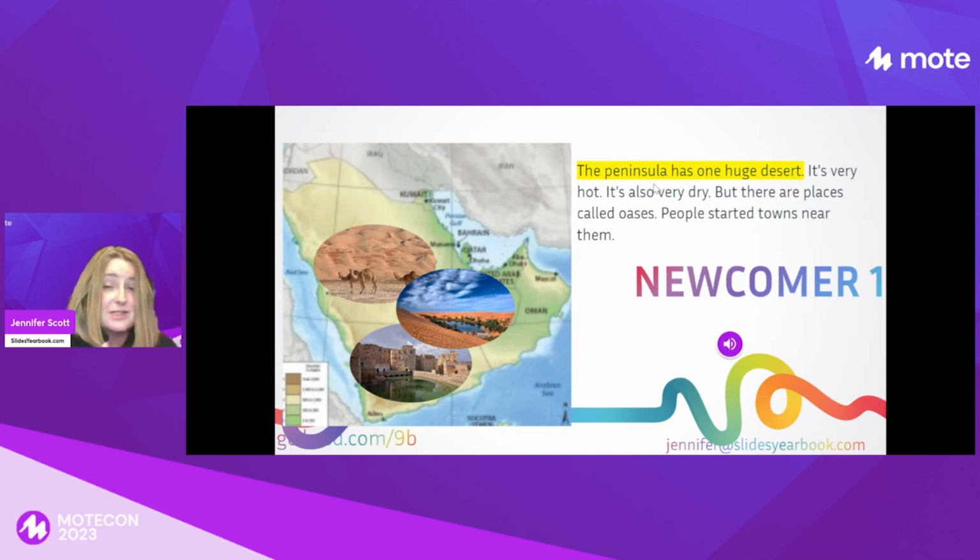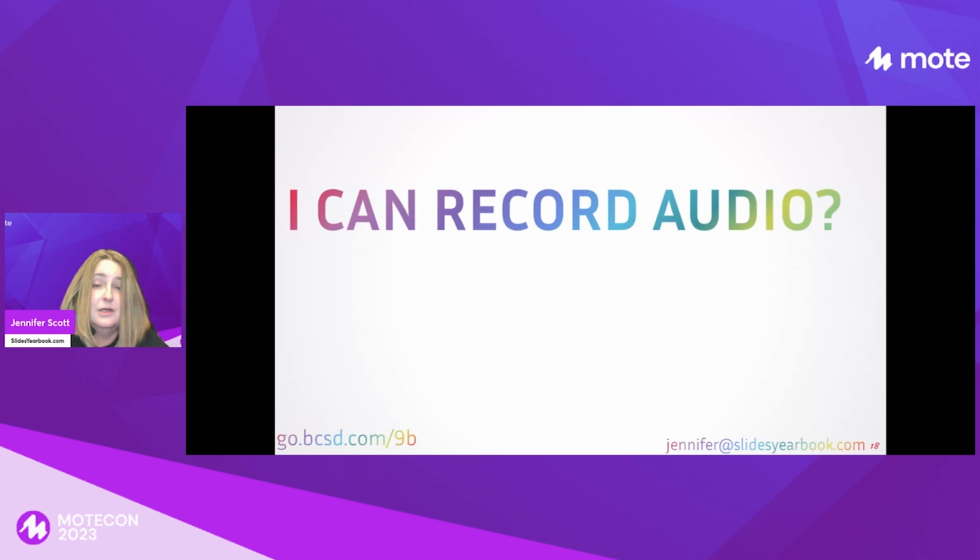But instead of the entire paragraph, they're only going to read to me one sentence. So I read the entire paragraph. They get to hear the vocabulary, they get to hear the pronunciation, and then they read back to me one sentence.